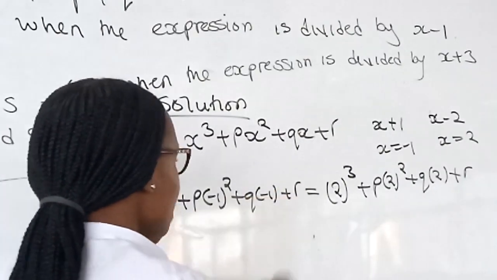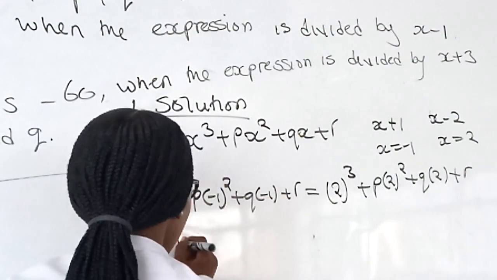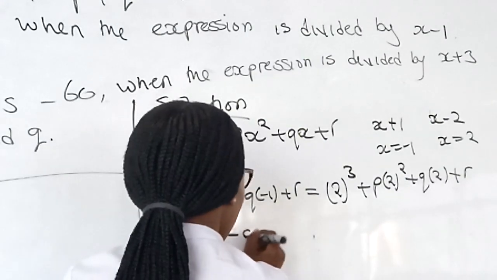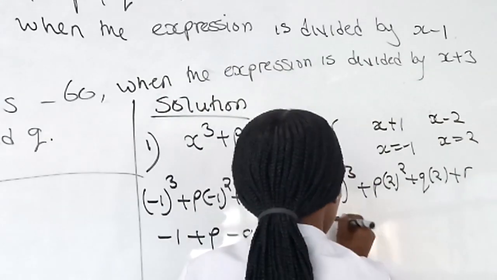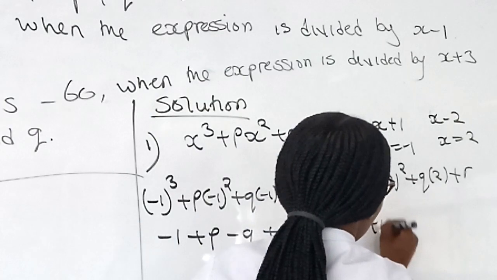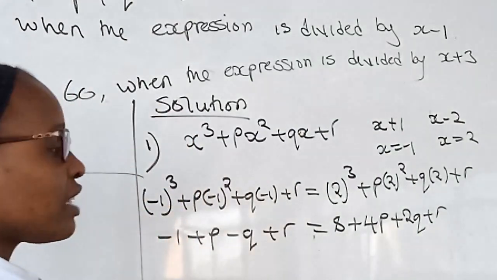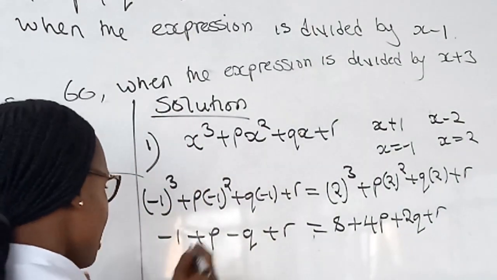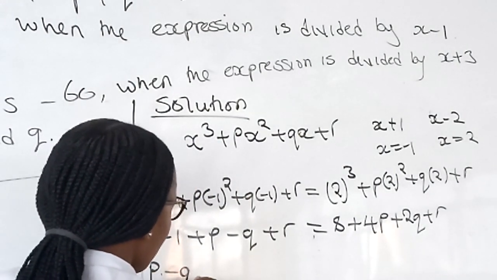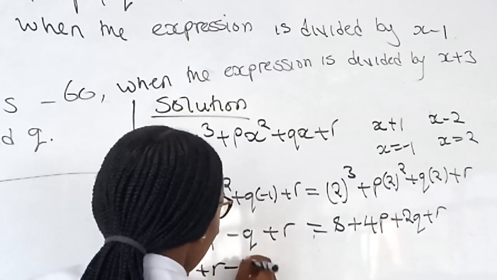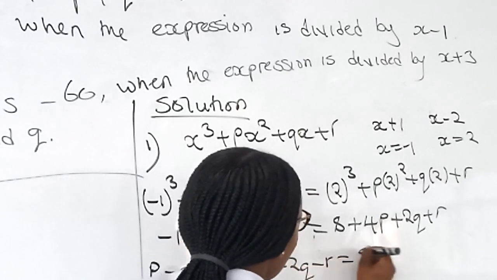So from what we have, negative 1 raised to the power 3 will still be minus 1, plus p minus q plus r, which is equal to 2 to the power 3. This gives us 8 plus 4p plus 2q plus r. Looking at what we have, we can now collect like terms. When we collect like terms, this is now going to be p minus q plus r minus 4p minus 2q minus r, which is equal to 8.